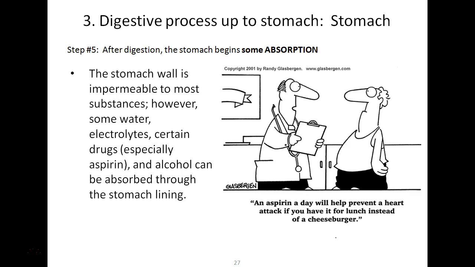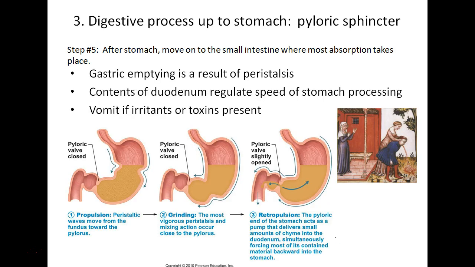However, a little bit of water can leak through that tissue. Some electrolytes can be absorbed. Certain drugs like aspirin can be absorbed, as well as alcohol. And then lastly, we see that we have a pyloric sphincter at the end of the stomach.